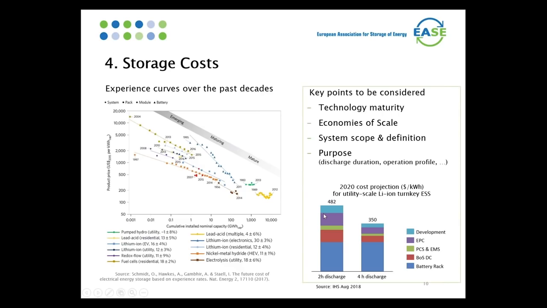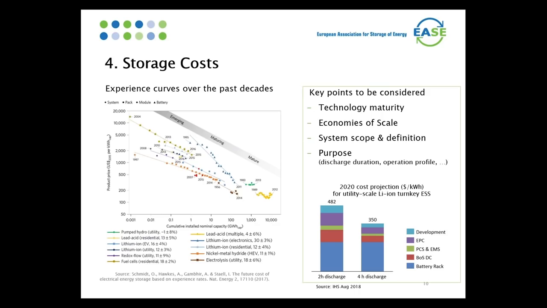Well, what I want to express is when we are comparing different cost curves, we need to look at different levels of maturity of the technology, the possibility still to realize economies of scale, which are given for some of the technologies or not for others. We also need to compare system scope and definition.